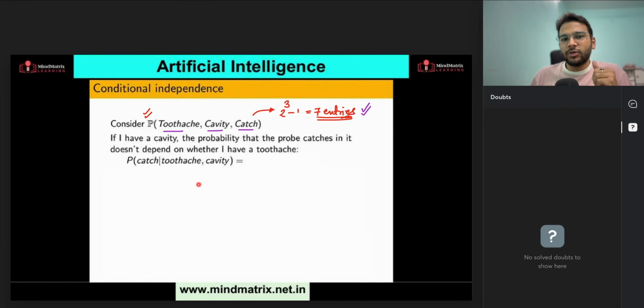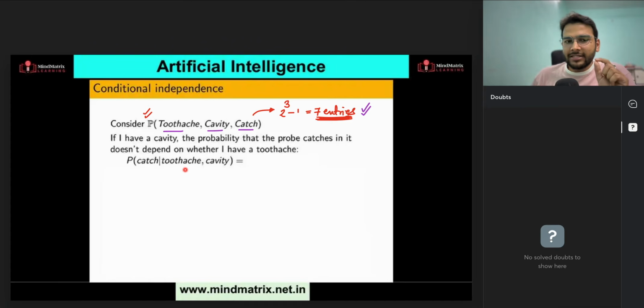That way you will be able to understand what I'm asking. Carefully understand this. When I say probability of catch given toothache, cavity. Okay, let's see here. Carefully understand this. This is very interesting. You will also find it interesting. So as of now, we have just 7 entries in the distribution table. When I say probability of catch given toothache, cavity.